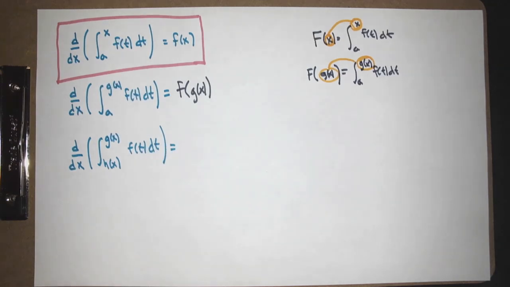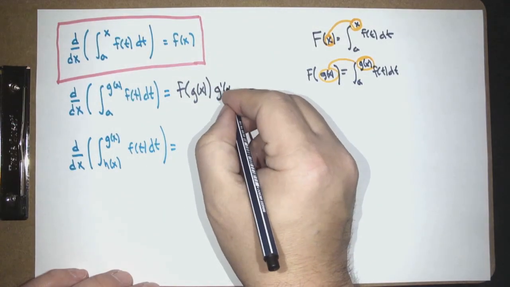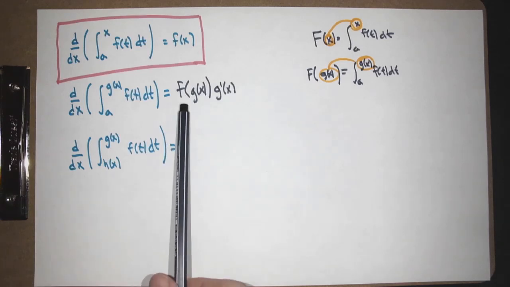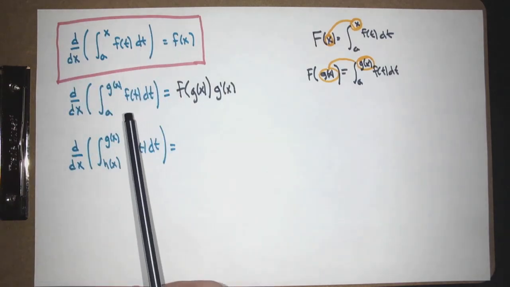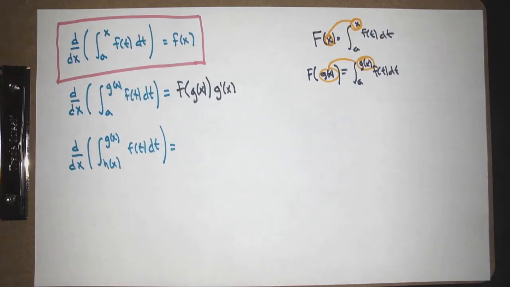But is that all the chain rule says? Then you have to multiply by the derivative of the inside. So it's f of g of x times g prime of x. So again, that's the derivative of the outside, plug the inside in, times the derivative of the inside.